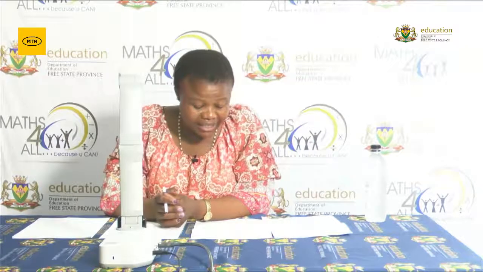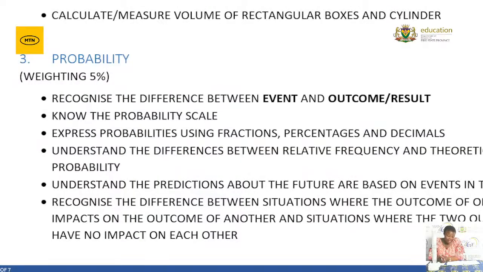And under calculations, you are measuring the surface area of rectangular boxes and cylinders. With rectangular boxes, to cite a real example, you look at a rectangular box that can store equipment at home.